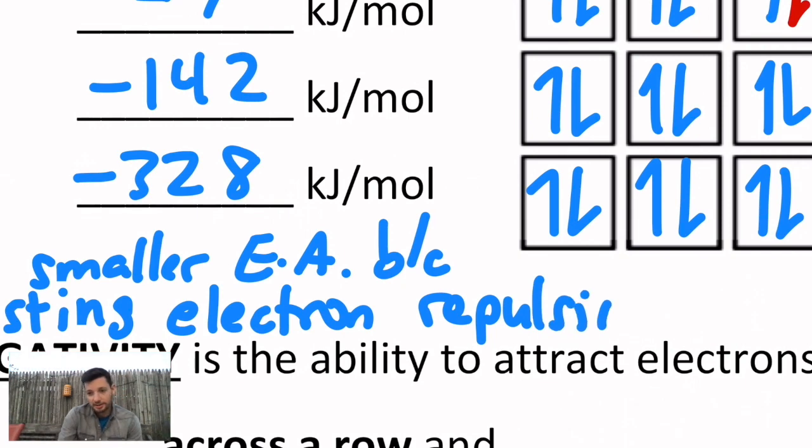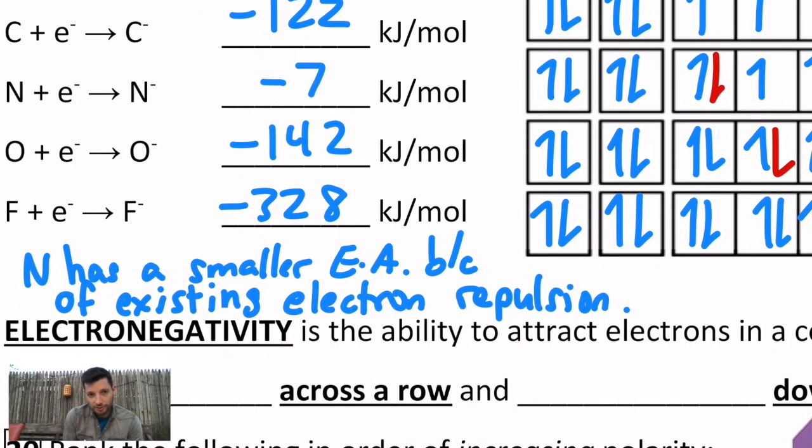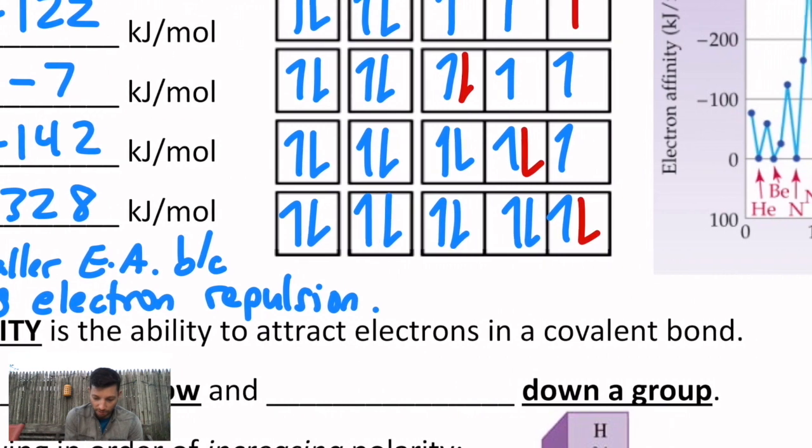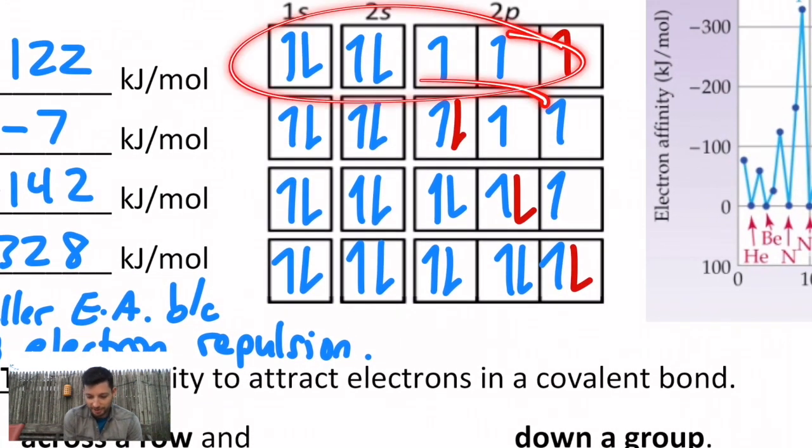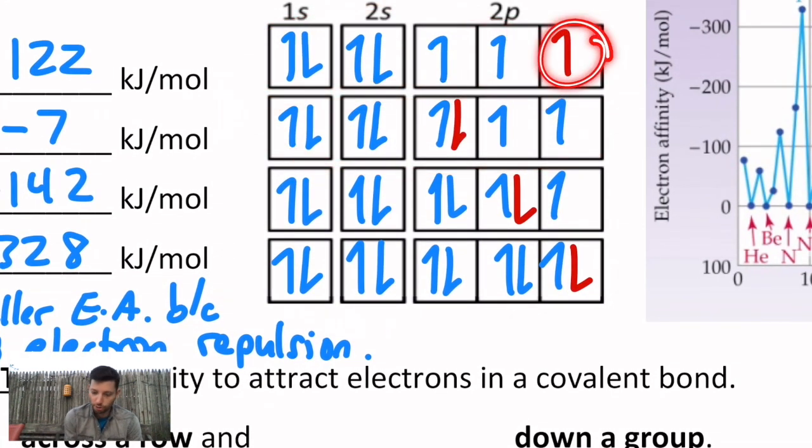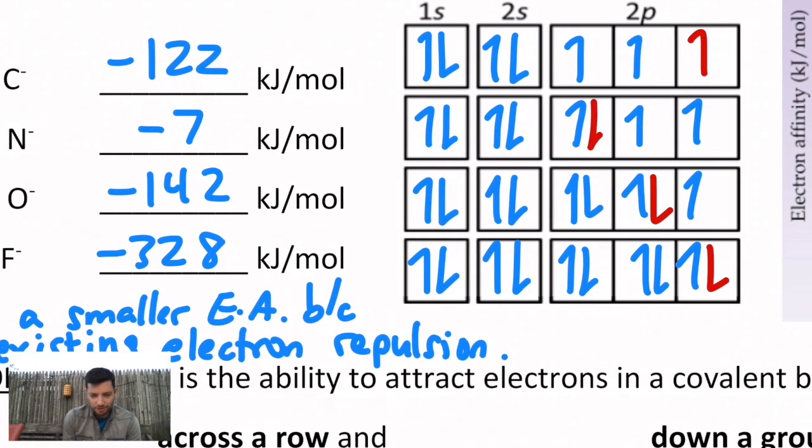And that's just a sentence that tries to show what we just saw. Look at, as you go from carbon to nitrogen, carbon takes that extra electron in an unoccupied orbital. Nitrogen, it has to sit next to someone else. It has to fill up an already occupied orbital. Nitrogen doesn't want that.